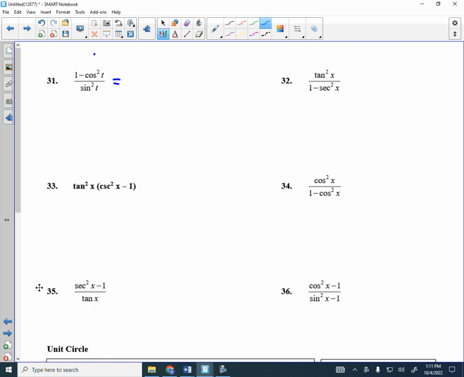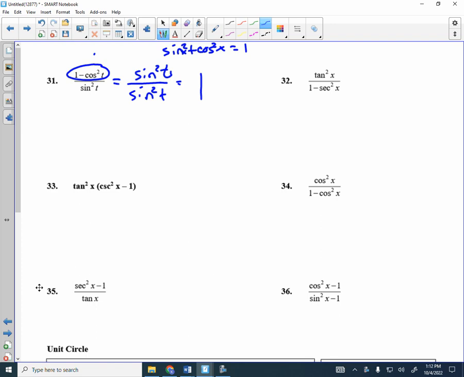Sine squared plus cosine squared is 1, subtract cosine squared. Good. So Patty is using this piece: sine squared plus cosine squared of x is equal to 1. If you subtract the cosine squared over, you get sine squared on top. So sine squared of x over sine squared of x is going to give you 1.